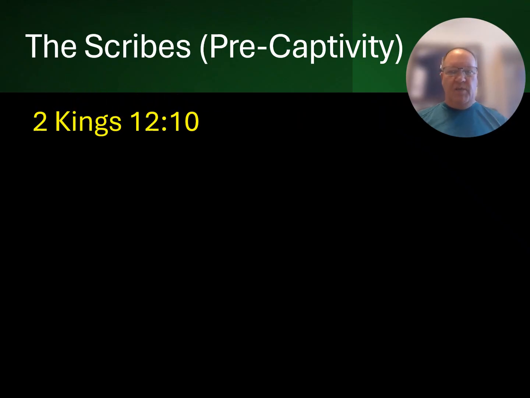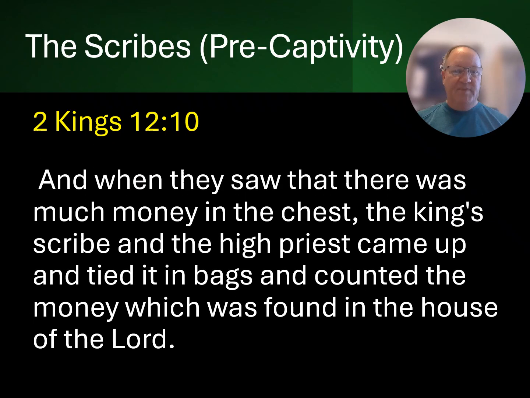In 2 Kings chapter 12, verse 10, we read of scribes again. "And when they saw that there was much money in the chest, the king's scribe and the high priest came up and tied it in bags and counted the money which was found in the house of the Lord."